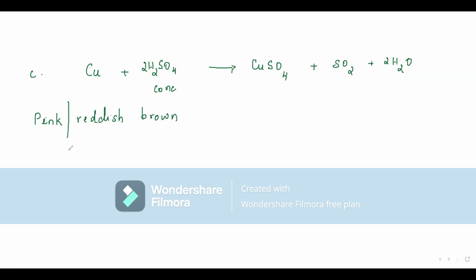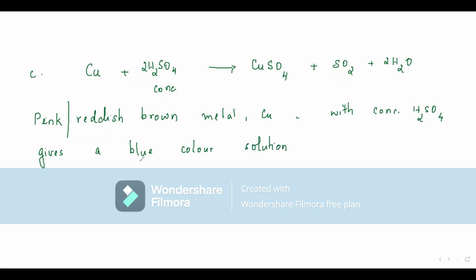All right. So pink or reddish brown metal copper when treated with concentrated sulfuric acid gives a blue color solution, which is copper sulfate plus water, along with the liberation of a colorless, choking or suffocating gas.